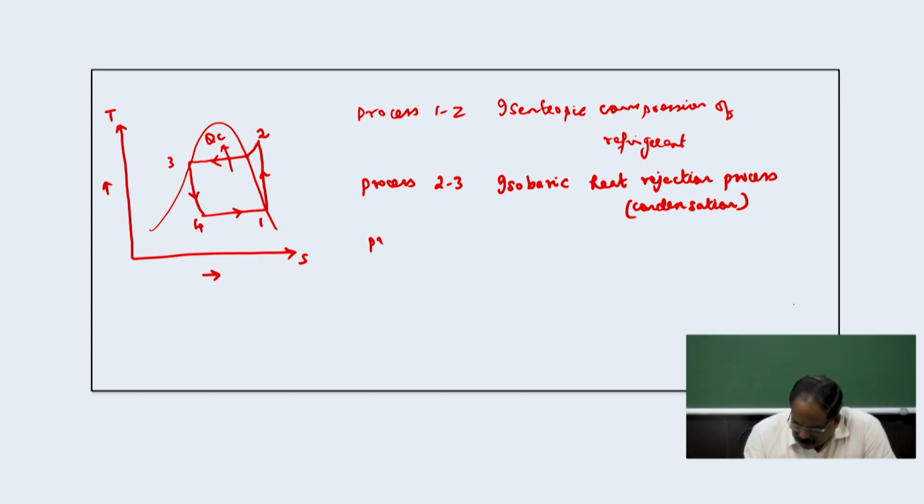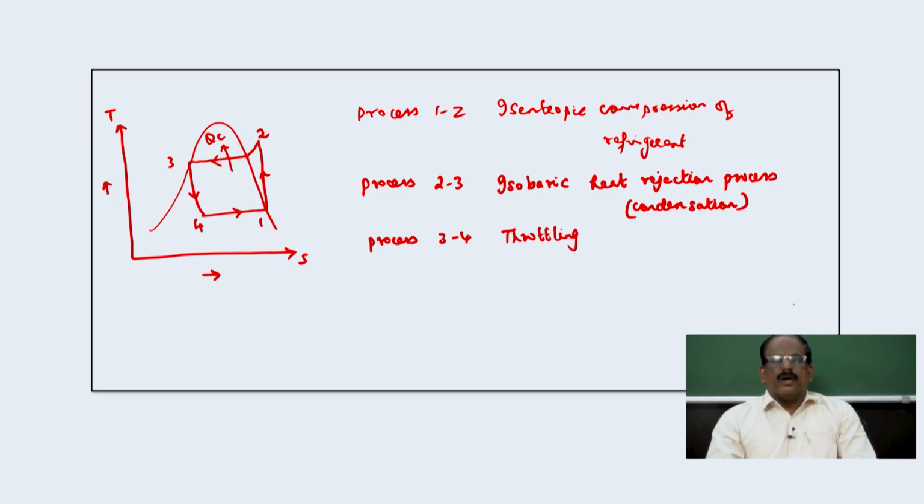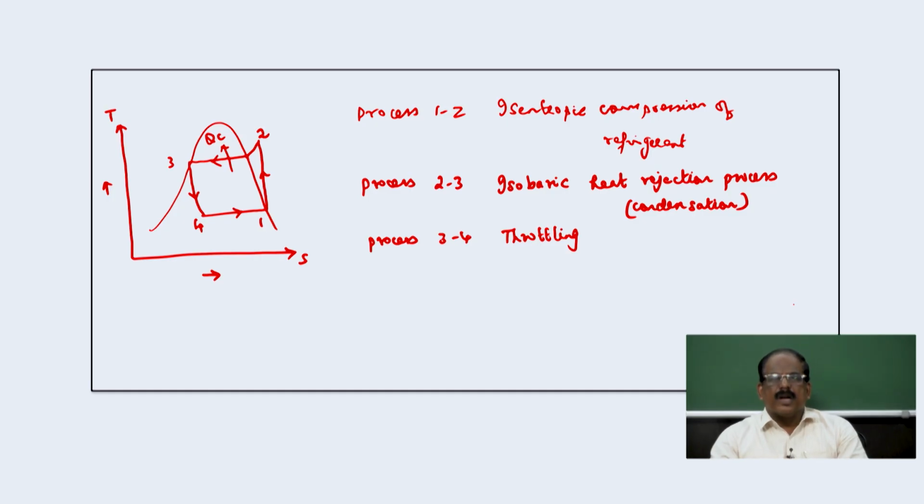Then the next one is process 3 to 4, that is the throttling process. It is a process in which the enthalpy of the refrigerant before and after the process remains the same, that is, enthalpy remains constant. So the high pressure liquid refrigerant is throttled before it enters the evaporator at state point 4. Normally, for a throttling process, an expansion device, that is an expansion valve, can be used, or a capillary tube can be used.